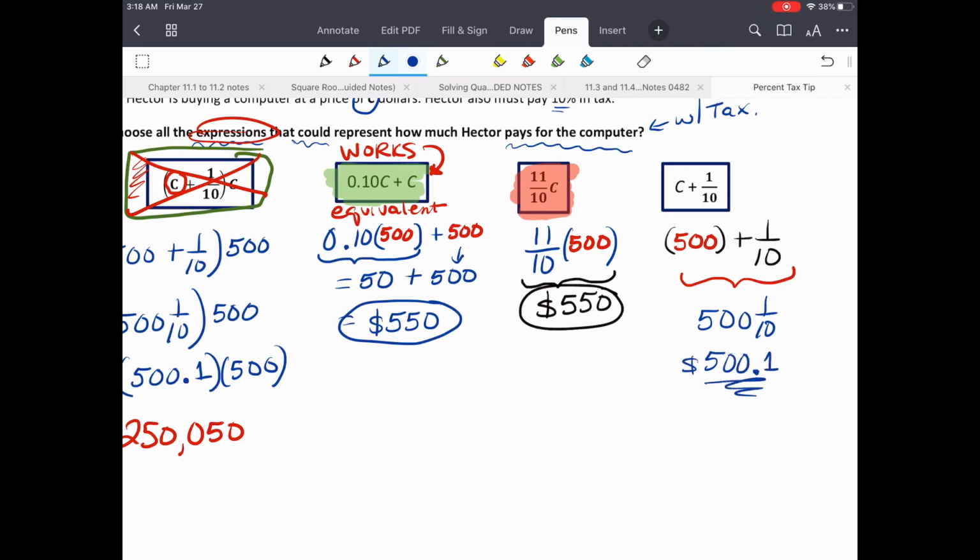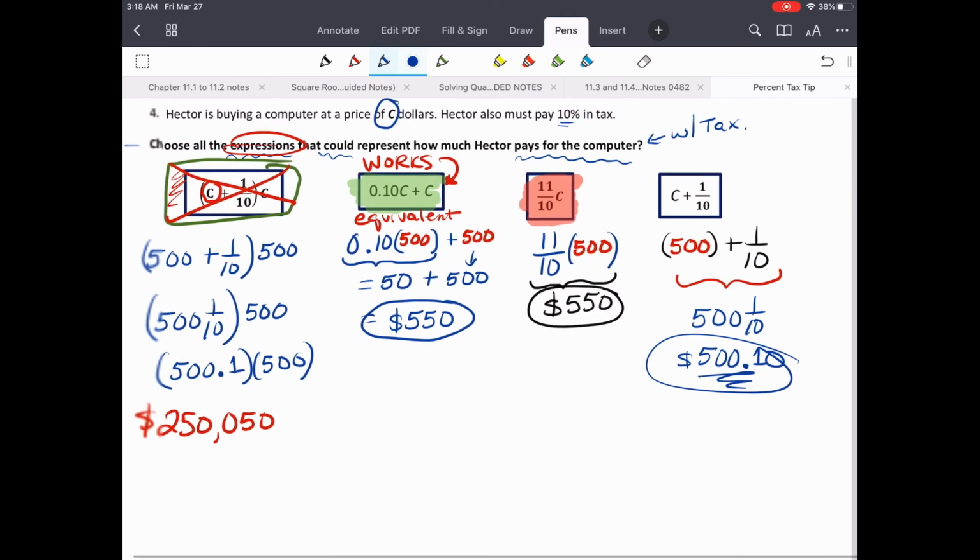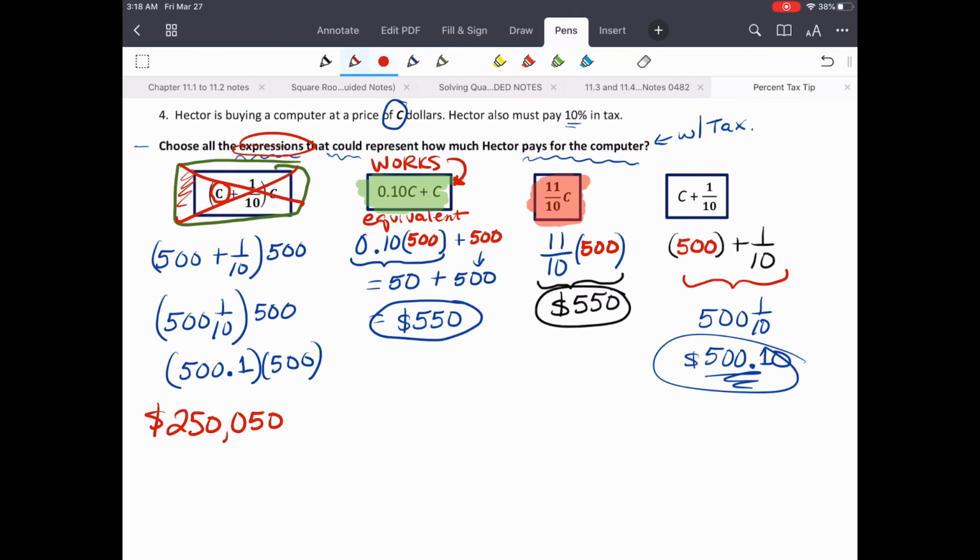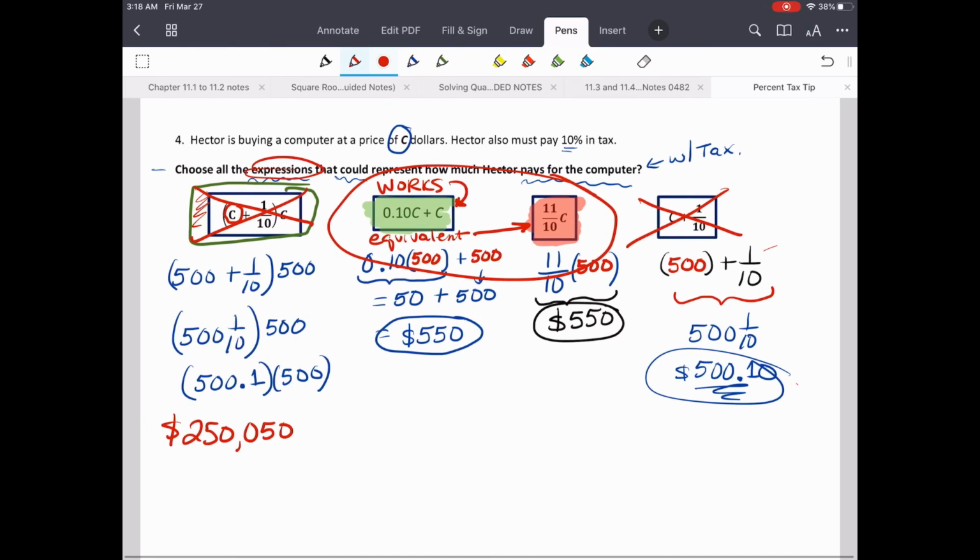All right, $500.10. That does not seem right. So that answer was not equivalent. These two were equivalent. Those worked. This last one did not. So that is how that goes.